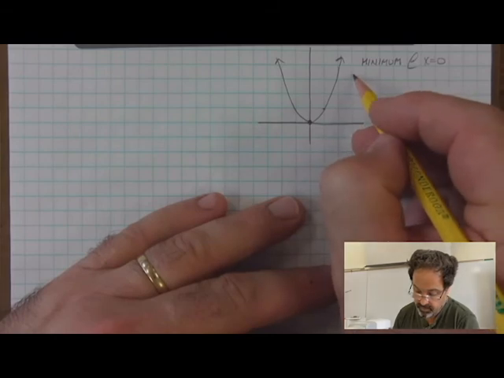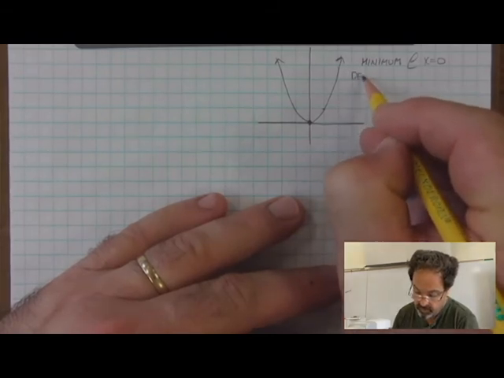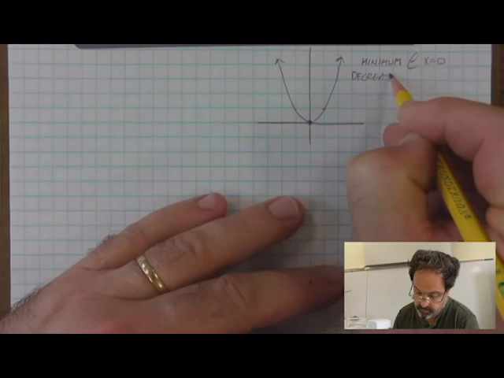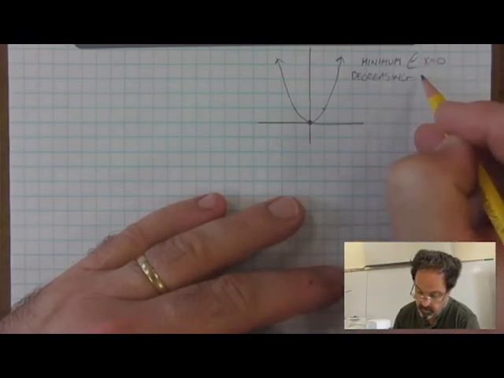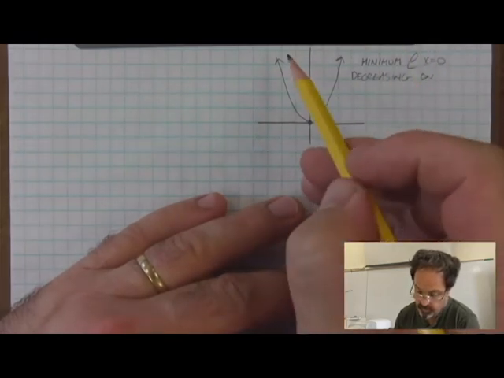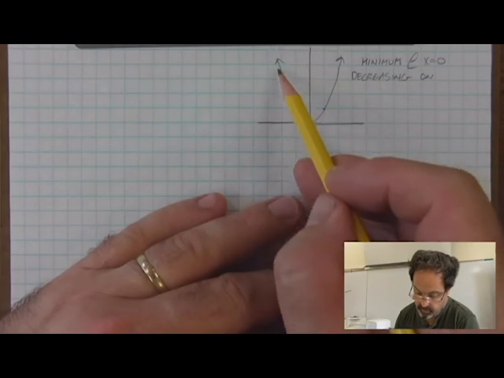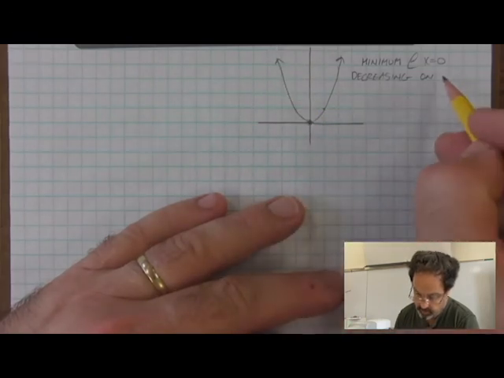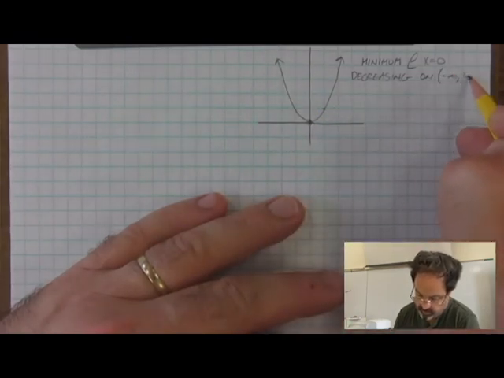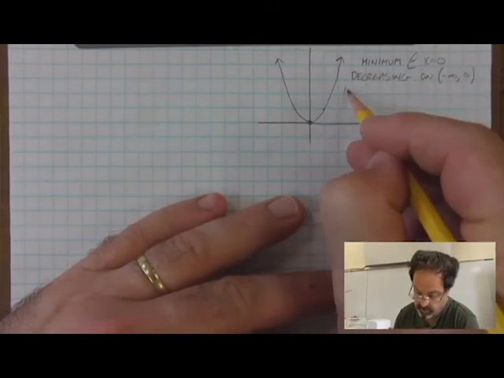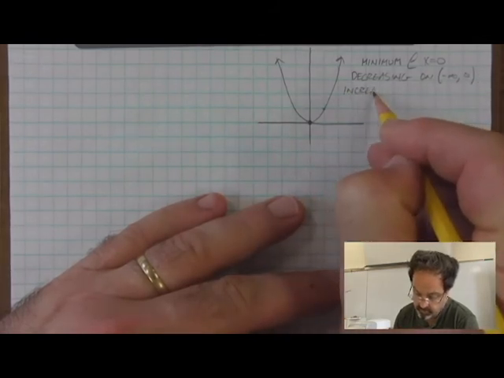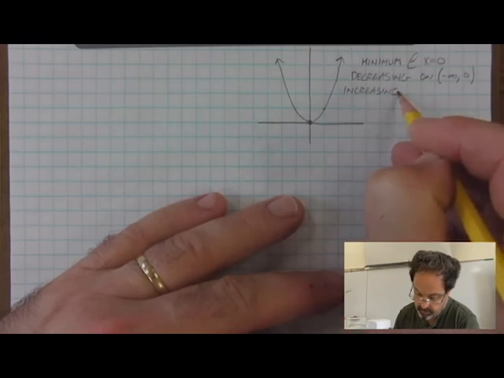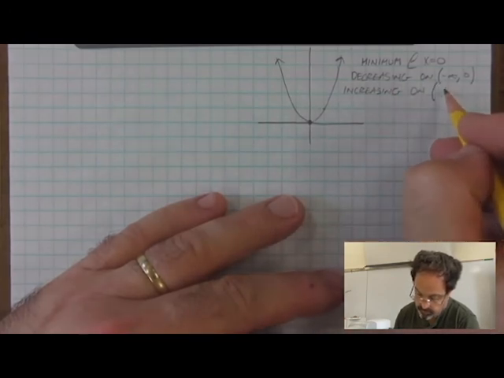We want to say that this parabola is decreasing on an interval from negative infinity all the way up to 0. Decreasing from negative infinity to 0 and increasing starting at 0 forever after.